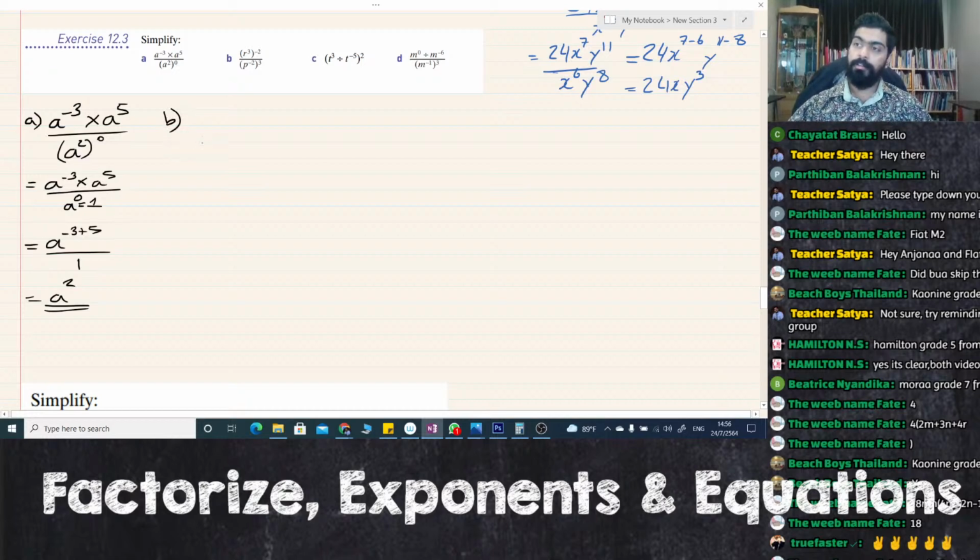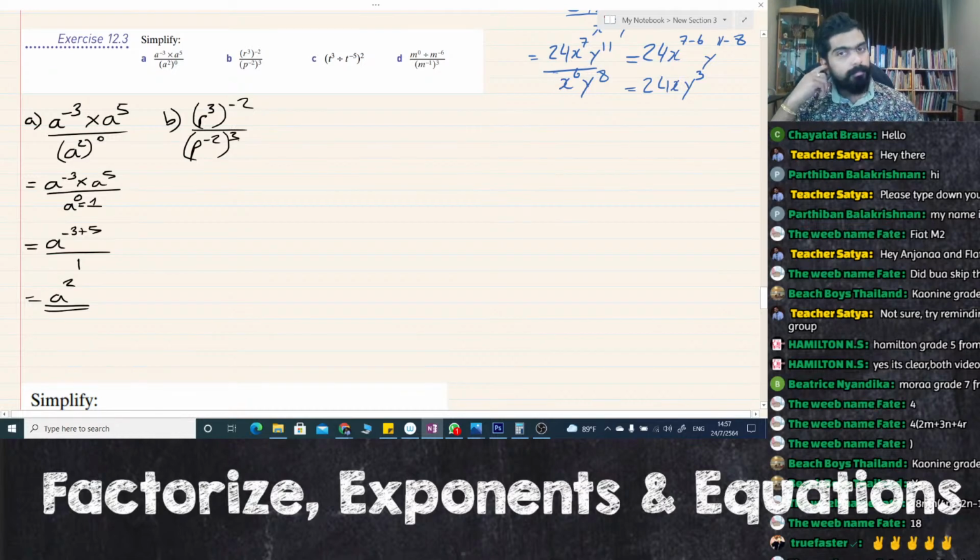Question B, guys. So we have r cubed to the power of negative 2 over p to the power of negative 2 to the power of 3, all right? So what do we have here, guys?